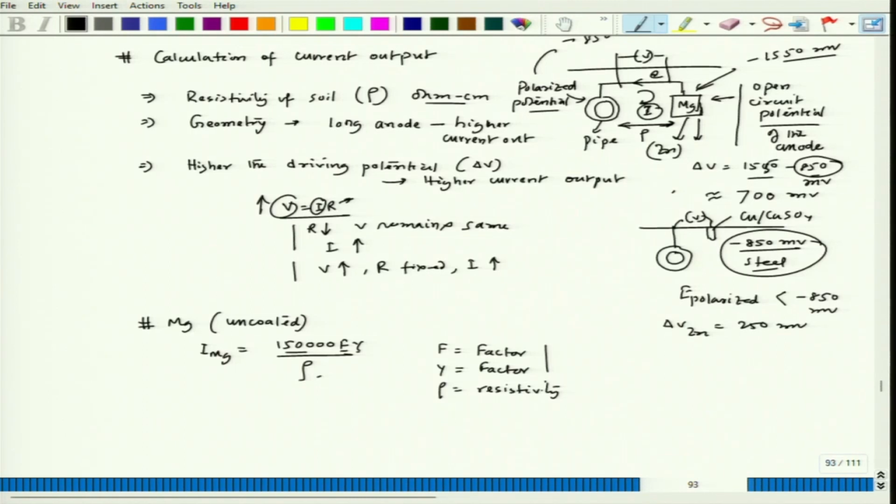Those dimensions would decide what the factor F will be. This is, you can say, a dimensional factor, dimension as well as number of anodes to some extent. Now, y is related to the pipe or tank which needs protection.